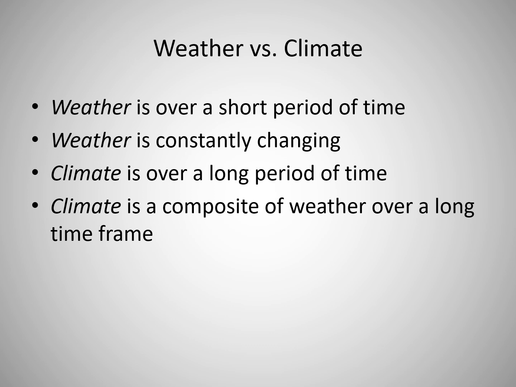It's constantly changing. The weather can be incredibly different in the morning when you head to class and then in the evening when you're heading back home. It may have warmed up by 15 degrees, and it may have gone from just a few cumulus clouds to perhaps a thunderstorm rolling in.